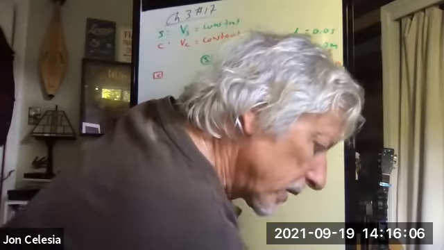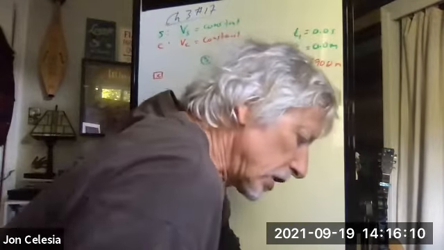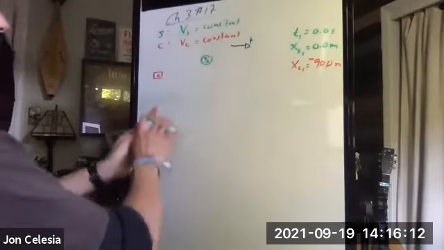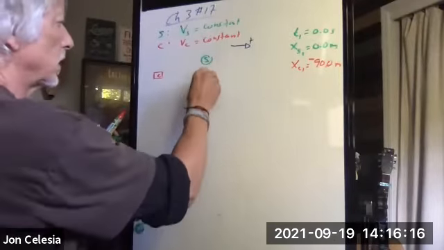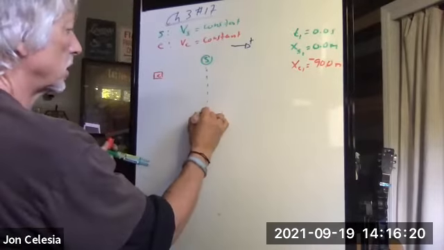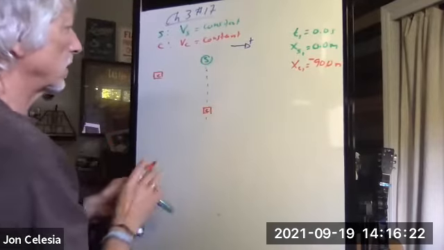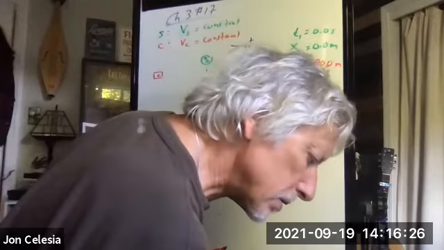Okay. After 3 seconds, Sage has run 15.0 meters, and the cheetah is where Sage started. So I'm going to draw that as a separate thing and just go, cheetah is now here. Sage has run 15 meters.